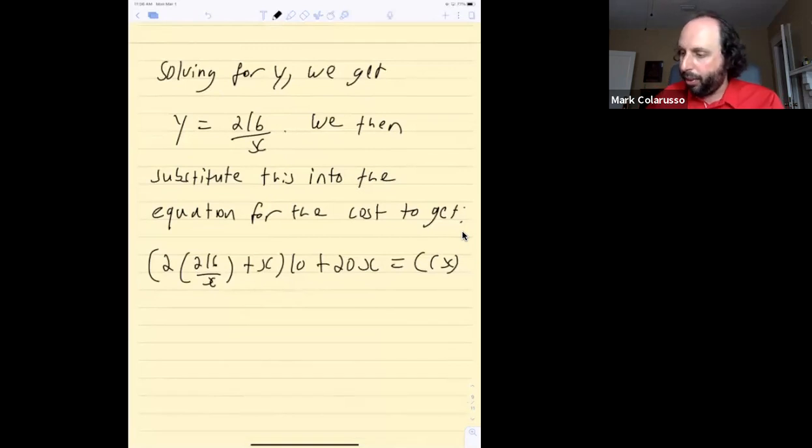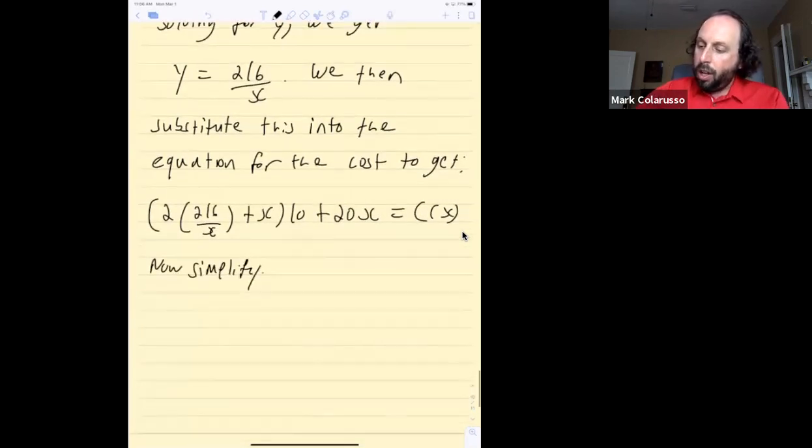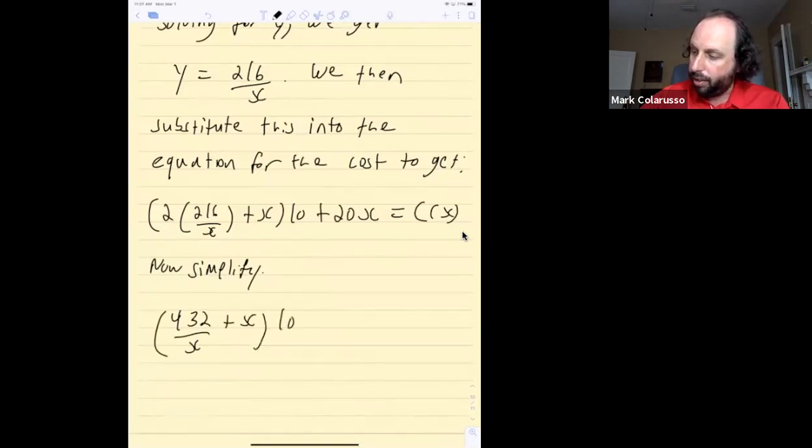So now we need to do some simplification before we do any calculus. So if we simplify this, what do I get? So we get 432 over x plus x times 10 plus 20x equals the cost function.